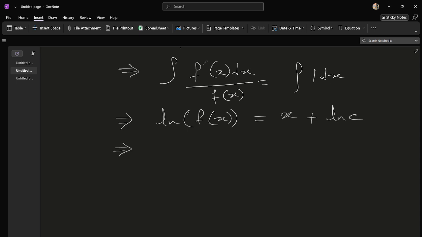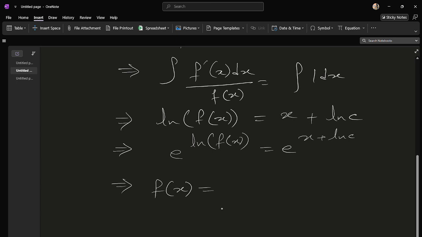Then e to the power ln f(x) is e to the power x plus ln c, and we know that e to the power ln c is c, so we get f(x) equals c e to the power x, where c is an arbitrary constant.